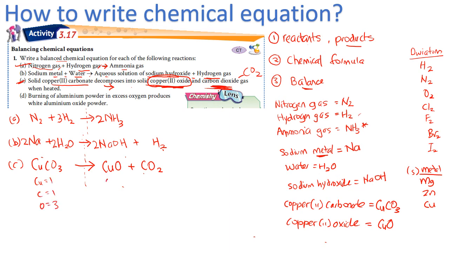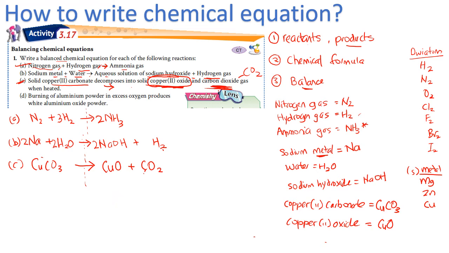For the product, copper you got 1, carbon 1, oxygen 1 plus 2, so you got 3. So O is balanced, and you don't need to balance anymore. This is a balanced chemical equation.